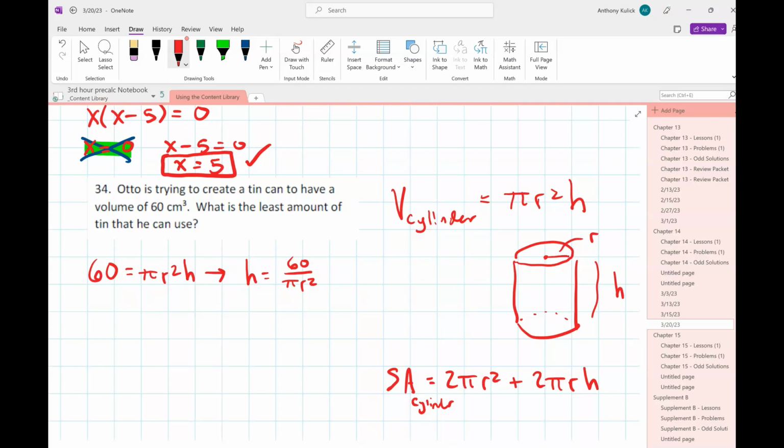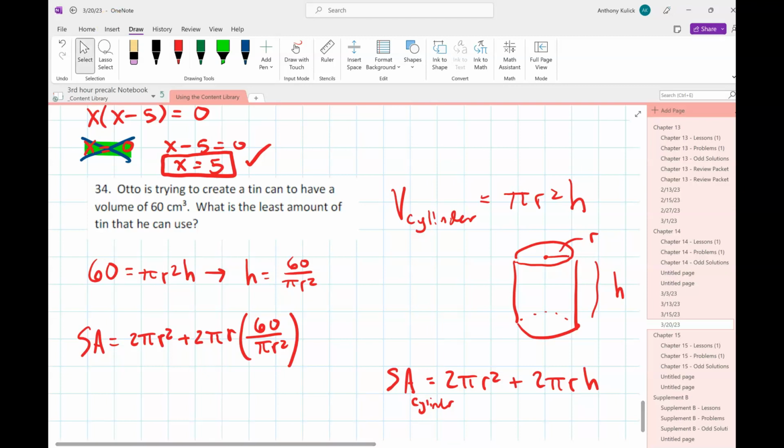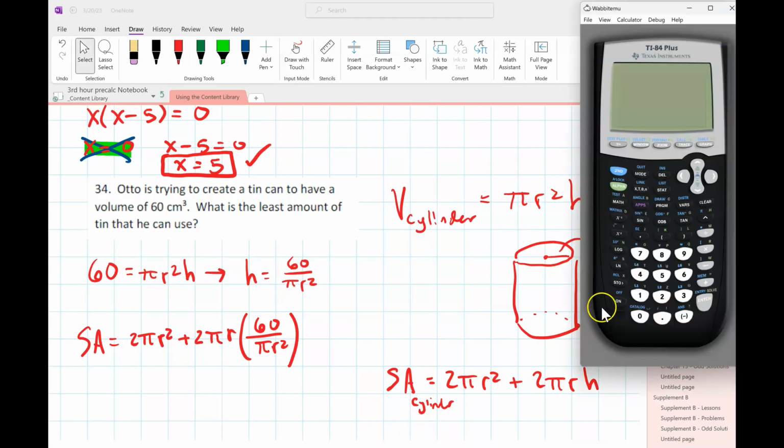So plug 60 into my volume formula and then solve for either H or R. Obviously H is going to be the easier one to solve for. That was my choice. Then I take my surface area equation and plug in my value for H. At this point, it's calculator time.